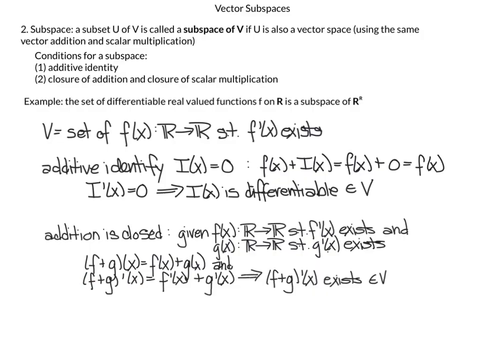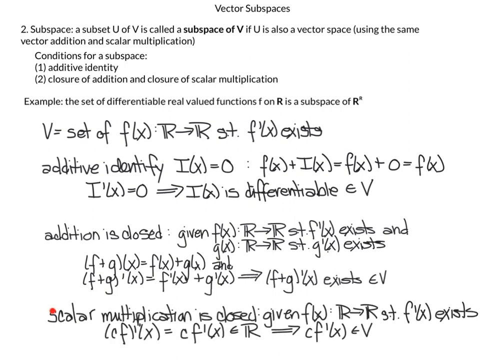And from our properties of derivatives, if we have the sum of two functions, we can take the derivatives separately. So I have f prime of x plus g prime of x. Since f prime of x and g prime of x exist, then their sum exists, and therefore (f plus g) prime of x exists, and this is in V, so addition is closed.